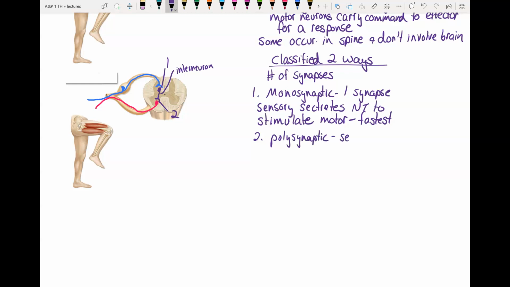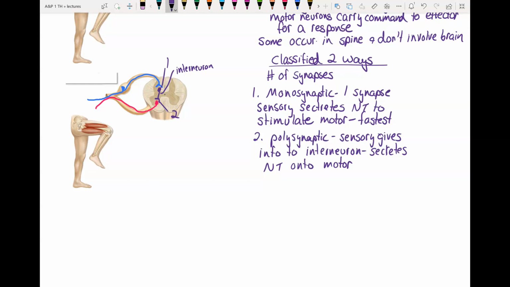So this is where the sensory gives the information to an interneuron, and then the interneuron is what secretes neurotransmitter onto the motor neuron. So this one is a little slower because synapses slow you down, and this one has to go through 2 synapses.